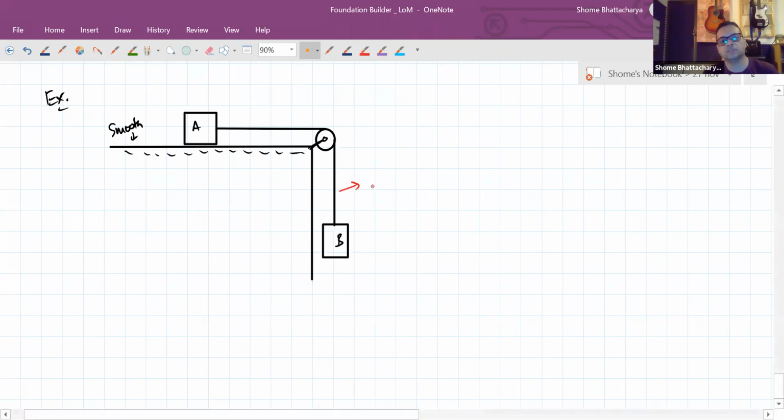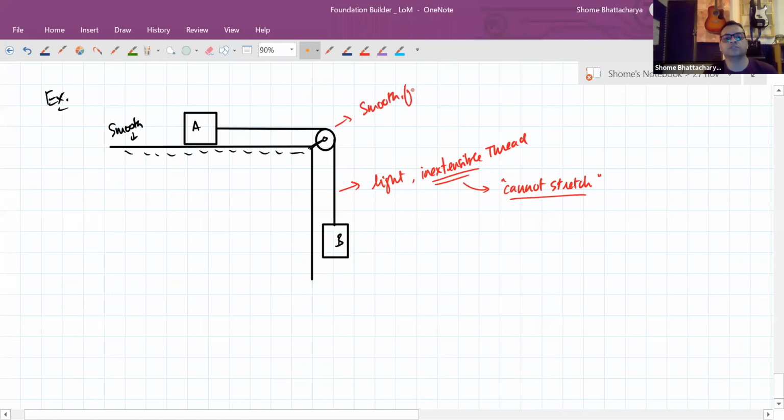So this is a light and also what we call inextensible thread. So inextensible means it does not stretch. That is the meaning of inextensible thread. And this is a smooth fixed pulley.